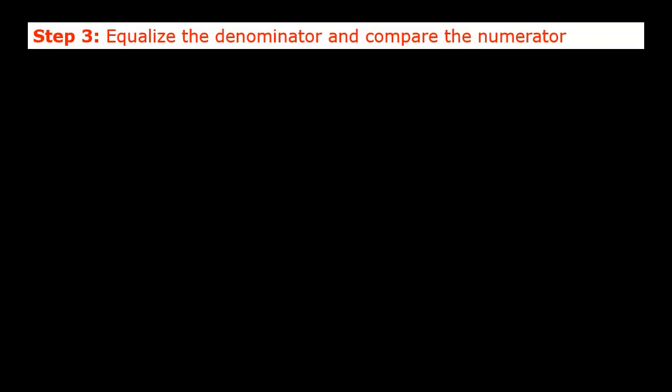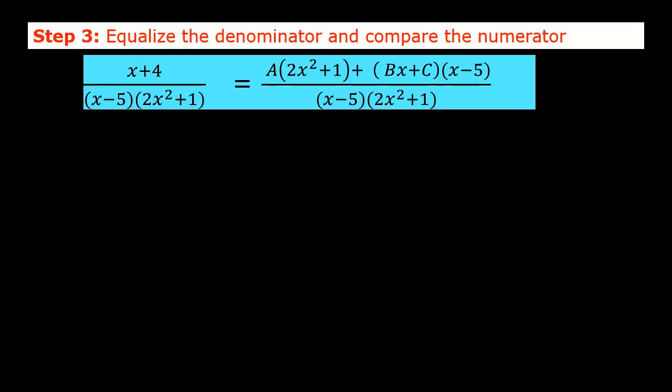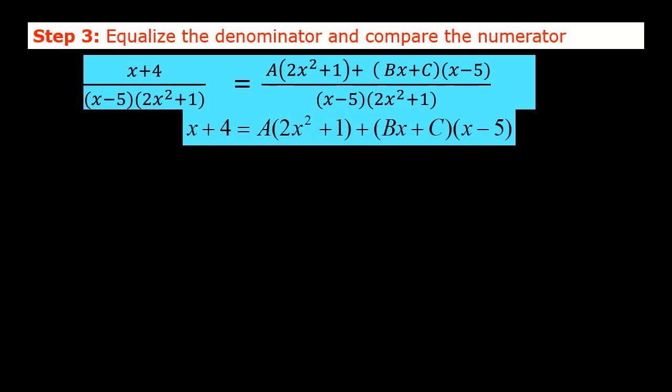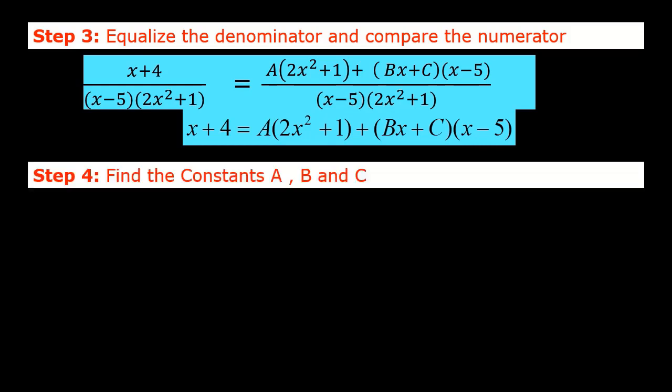We proceed to step 3 to equalize the denominators, and I compare the numerators for both sides. To find the constants A, B, and C, I use the methods of substitution and comparison. I start by substituting x = 5 to get the value of A. Then I proceed with the comparison method.